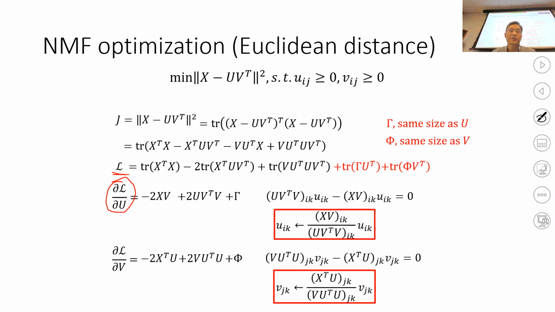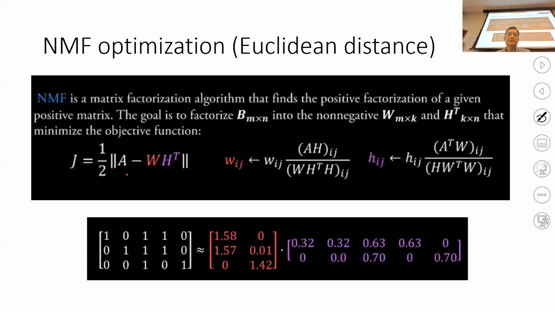Here is the same. So using this we work out why this keeps updating and will give you the minimized cost function. Okay, so eventually, that's your loss function, the object you want to minimize, and that's the rules for updating.